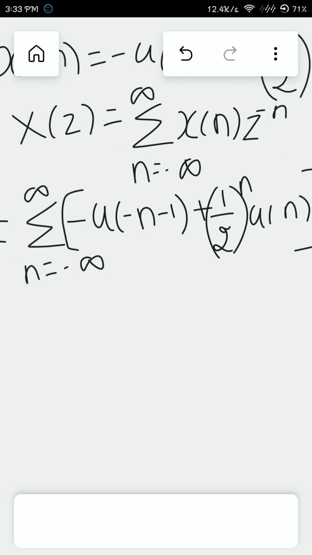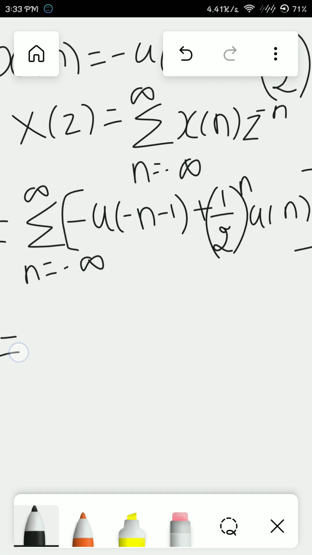Coming on to my next process, I have to separate the summations for this particular term as well as this one, and multiply with z to the power of minus n.